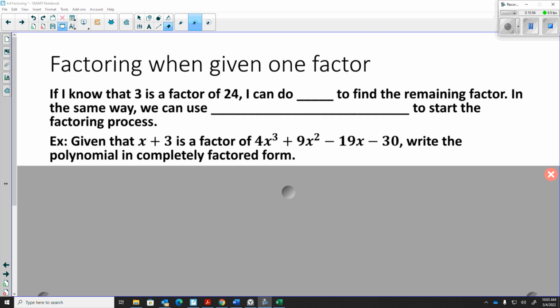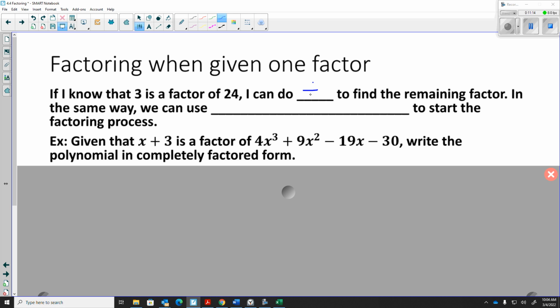How do you know? Because 24 divided by 3 is 8. So you can do division to find the remaining factor. That's how you know it's a factor, right? Because it divides. We talked about that 2 days ago.